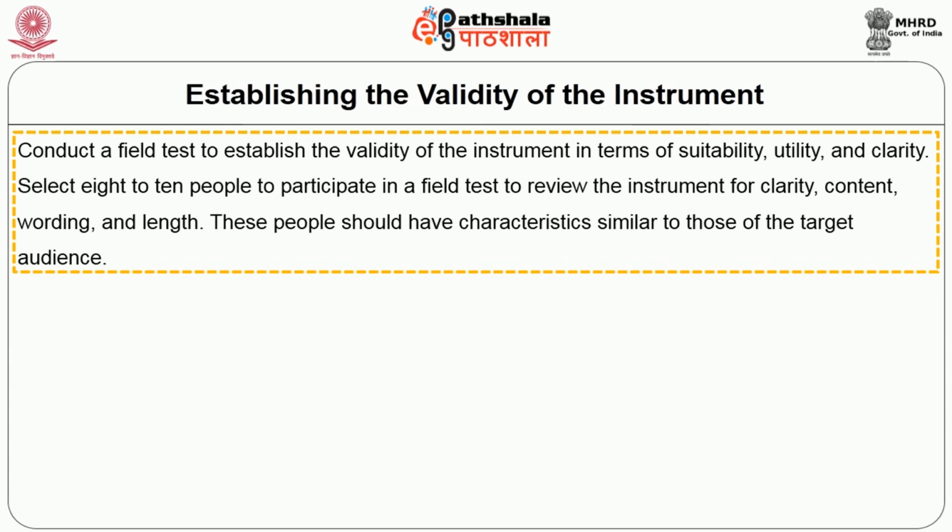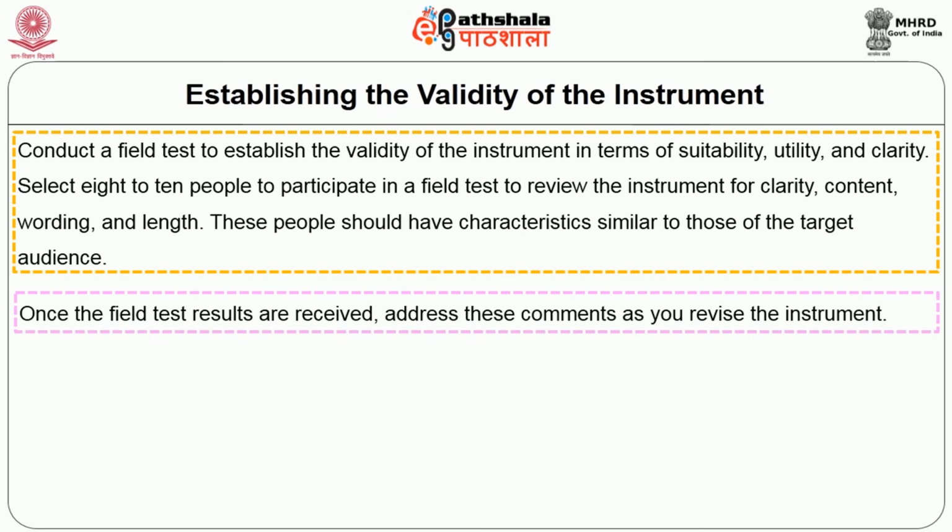Conduct a field test to establish the validity of the instrument in terms of suitability, utility, and clarity. Select 8 to 10 people to participate in a field test to review the instrument for clarity, content, wording, and length. These people should have characteristics similar to those of the target audience. For example, if you plan to have farmers as your target population, then field test the questionnaire with a different group of farmers in an adjacent watershed.